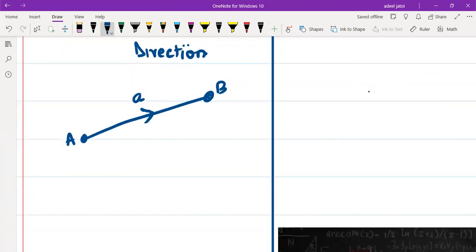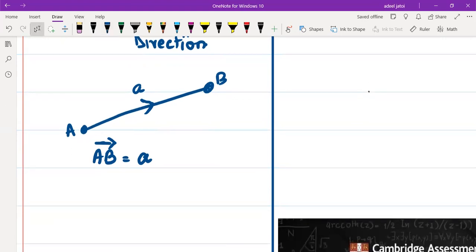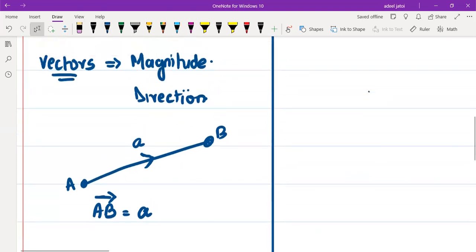So how are we supposed to write this? AB with an arrow on the top. This arrow identifies that we are going from A to B with the magnitude a. Your magnitude can be with different variables as well.